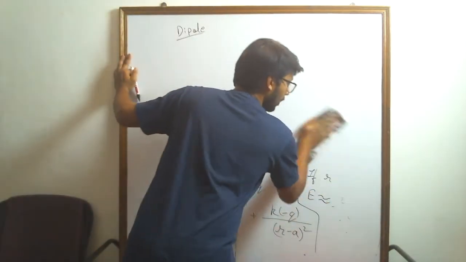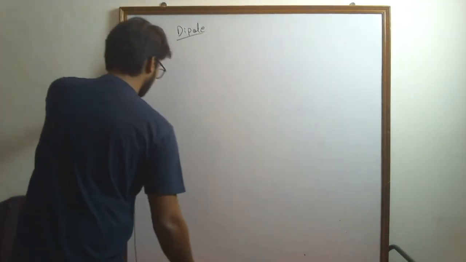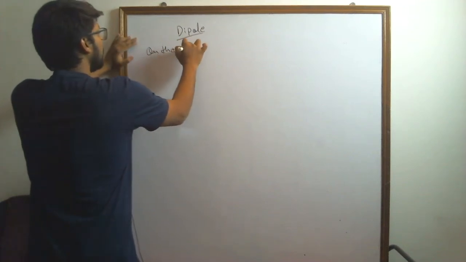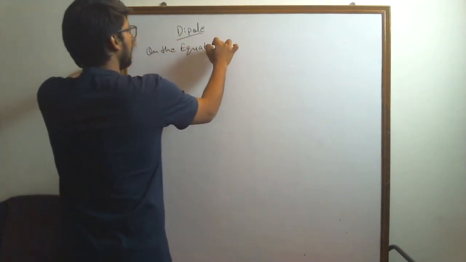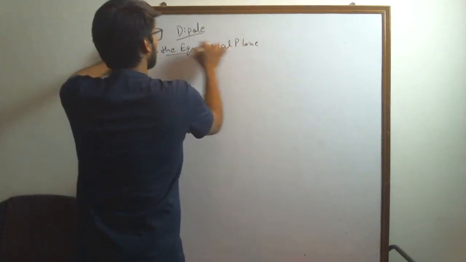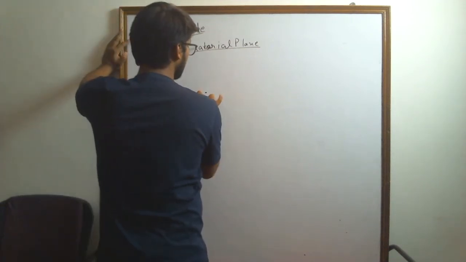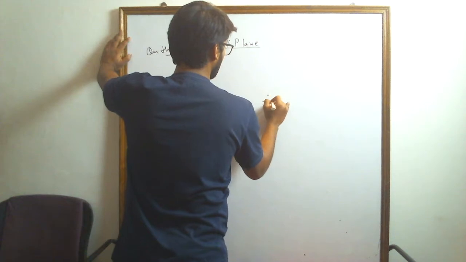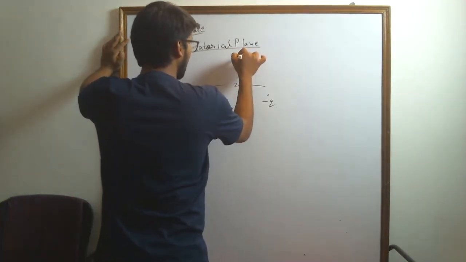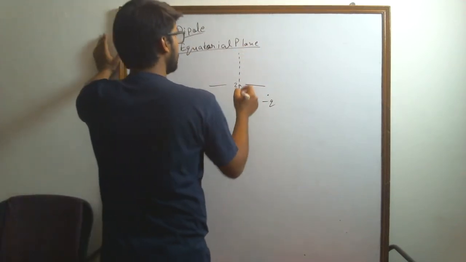Now, similarly, I can also find the dipole's electric field on the equatorial plane. It is simple, right? Again, I'll take my dipole plus q, minus q, obviously this is 2a, and this is my equatorial plane, which is perpendicular to the dipole axis.